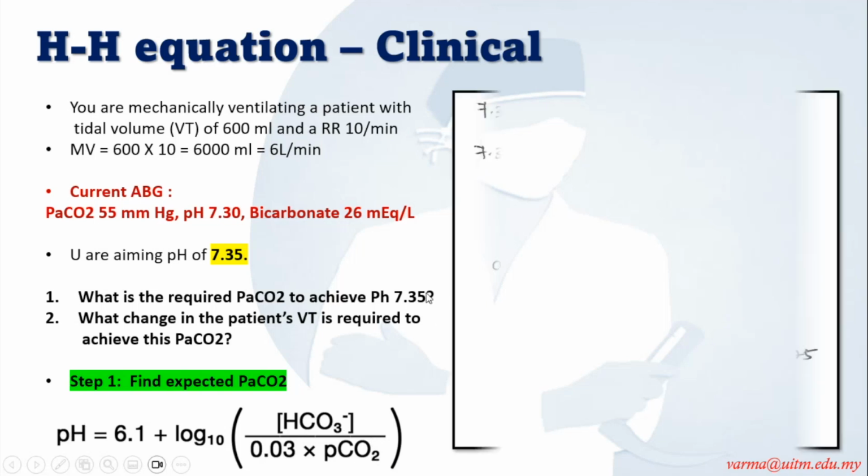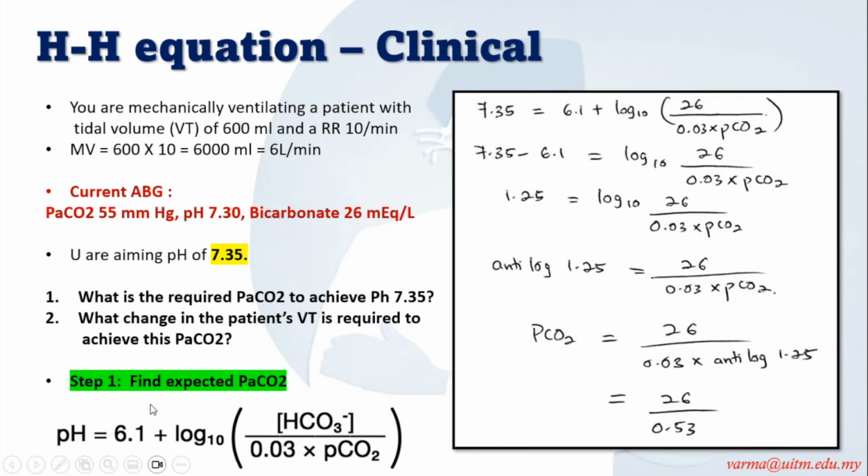So we rearrange the equation. You put the equation first: 7.35 is equivalent to 6.1 plus log 10, 26 is the bicarb, and this is the formula. Then bring down the 6.1 here, 7.35 minus 6.1, you get 1.25, equivalent to log 10 of 26 by 0.03 of PCO2. And you anti-log it. This log comes in, it becomes anti-log.